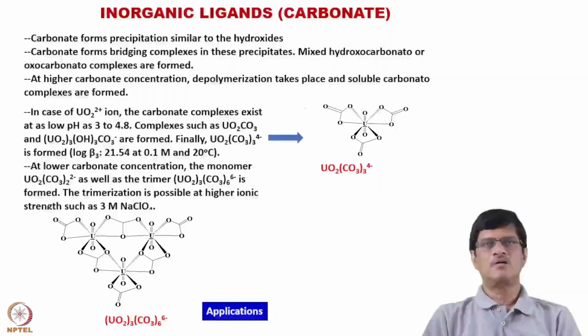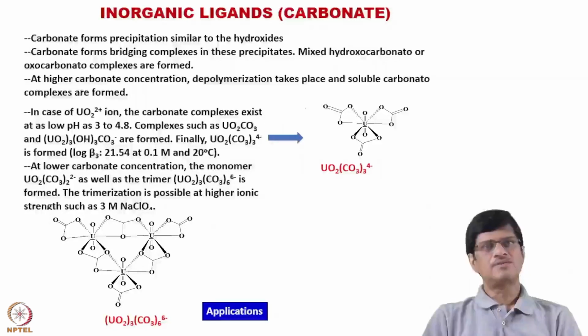Now coming to the remaining inorganic ligands of relevance, they are carbonate and phosphate. Carbonates are very important because they form very strong complexes with some of the actinides, particularly the uranyl ion or the actinyl ion.